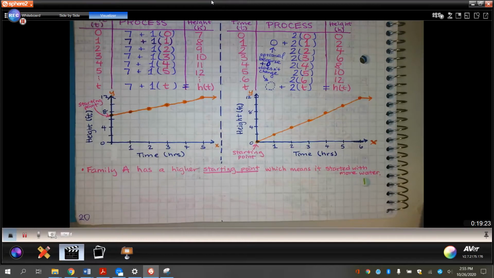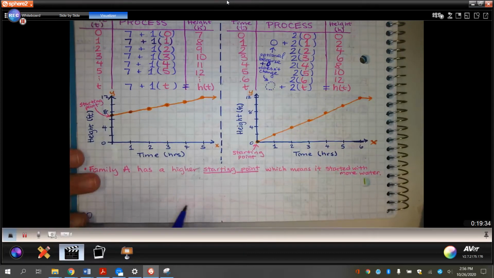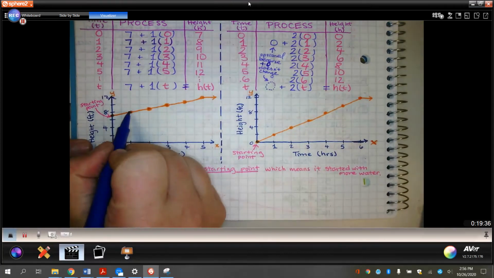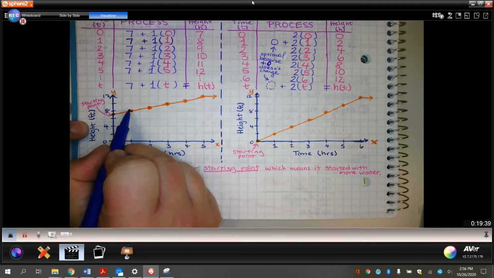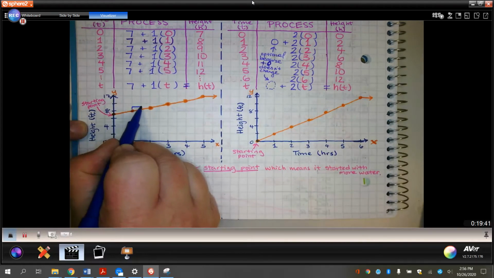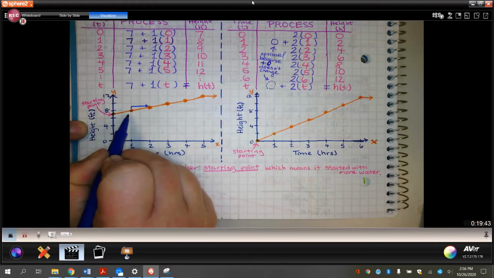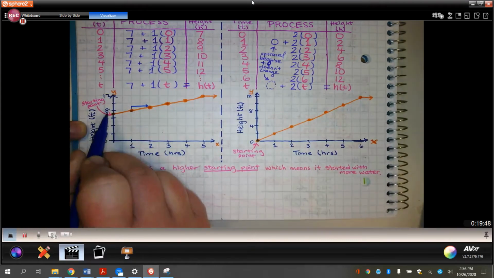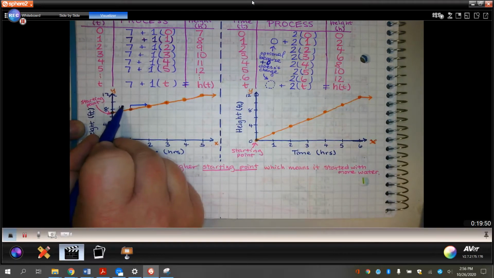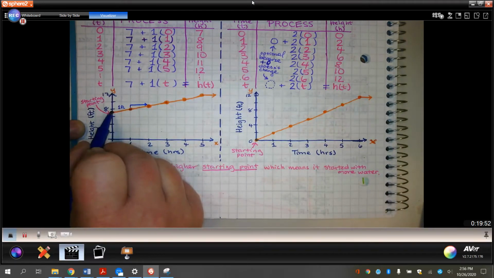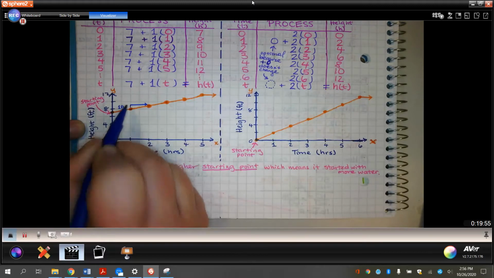Then we have the thing called steepness, remember? And that's kind of the angle at which it's going. But we can, again, think of it, you always want to look from left to right. So if I go from like 1 hour to 2 hours, notice here it goes up and over. Now, do not tell me that that is half of a foot, because remember the way we scaled it, this is 1 foot, because each square is 2 feet, so half a square is 1 foot, and then 2 squares here is 1 hour.